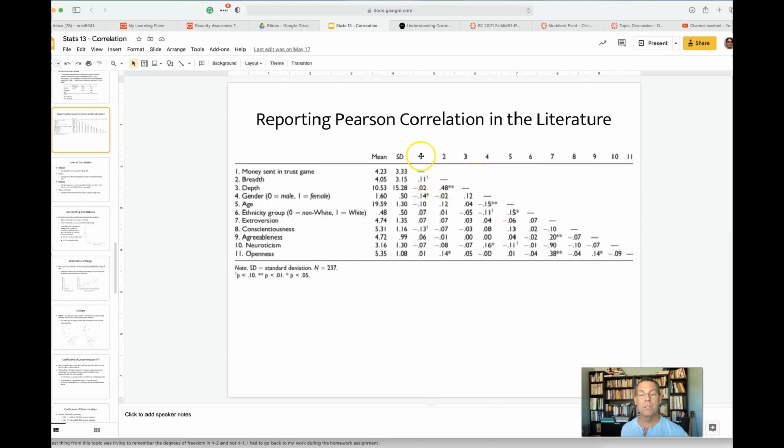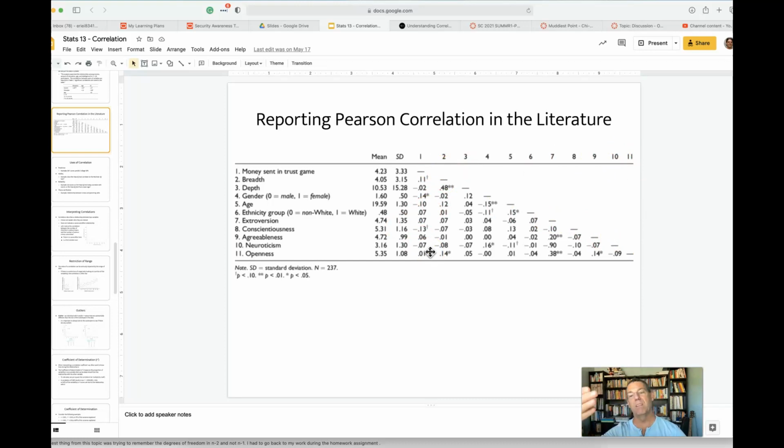Because the correlation between 1 and 2, so here's 2, that's this row, and the correlation between 2 and 1 is a 0.11. Okay, so then if you wanted to fill it in up here, the correlation between 2 and 1 would be a 0.11. So it would end up being the same exact triangle here, just flipped.